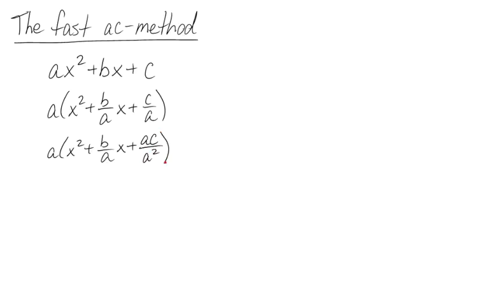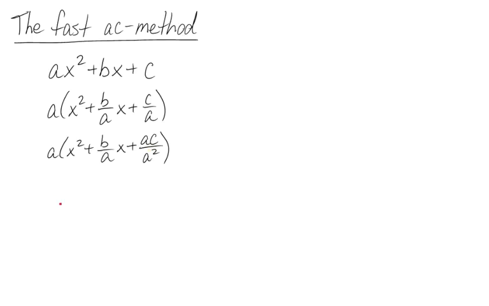So here's the idea. We've got a squared in the denominator, and we've got a in the denominator of the middle term. So if we find two numbers that multiply to ac and add to b, then using a denominator of a will make up the rest of it.